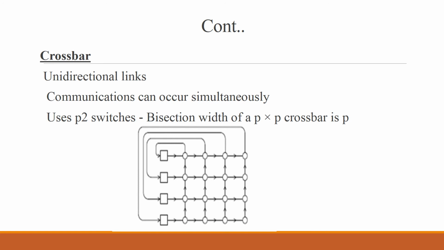Here the crossbar network consists of unidirectional links, not bidirectional links, and all the processors and memory available in the crossbar network can communicate parallelly. If the network consists of P processors, then there should be P square switches. In this figure, we have 4 processors, so you will have 4 square, in the sense 16 switches here.